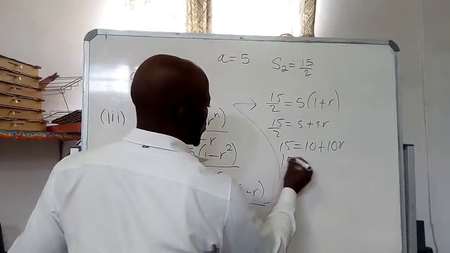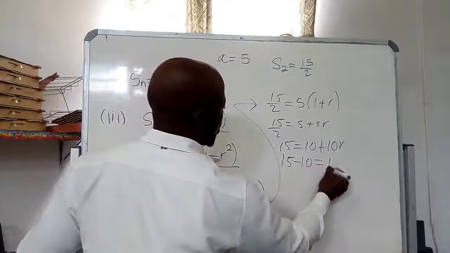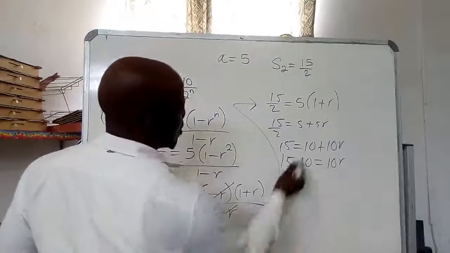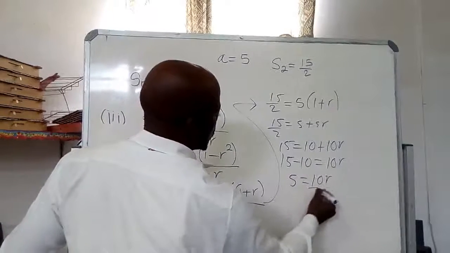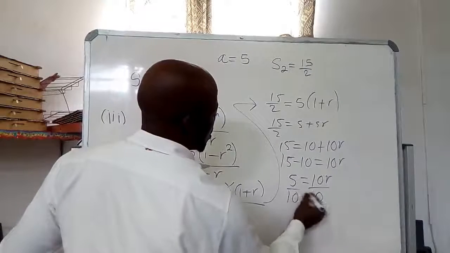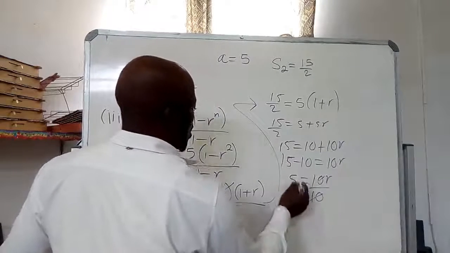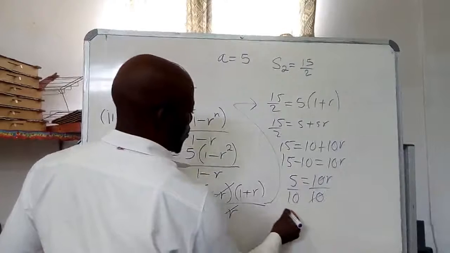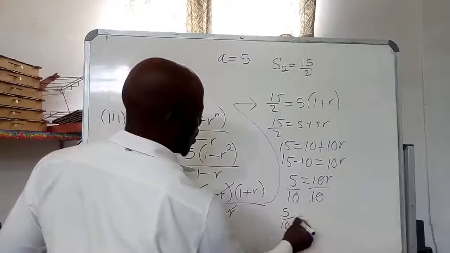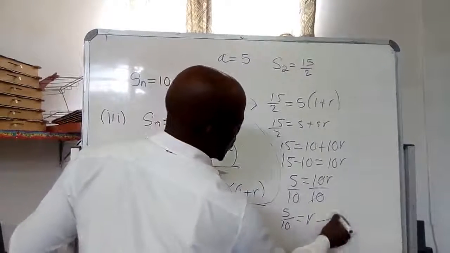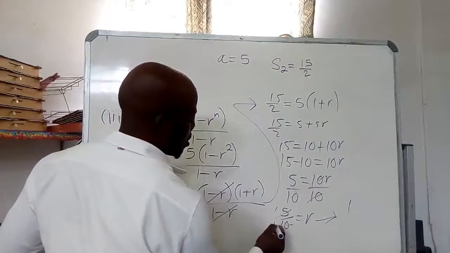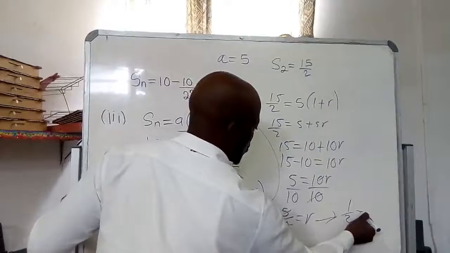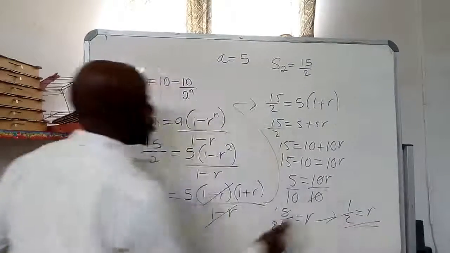We group like terms, so we have 5 equal to 10R. Divide by 10 on both sides. We remain with 5 over 10, which can be reduced: 5 into 5 is 1, 5 into 10 is 2. So 1 over 2 is our R.